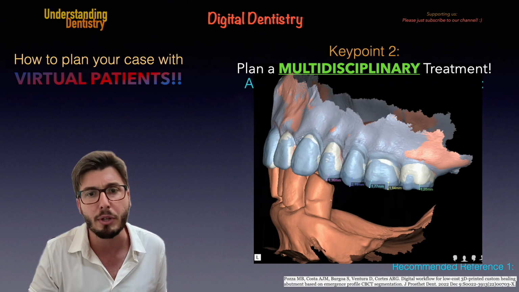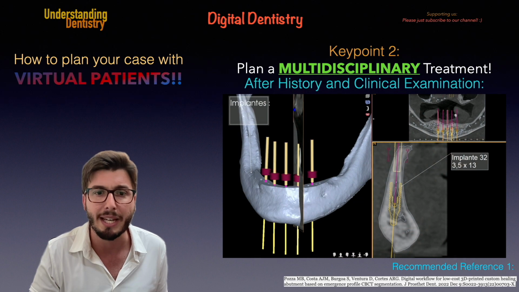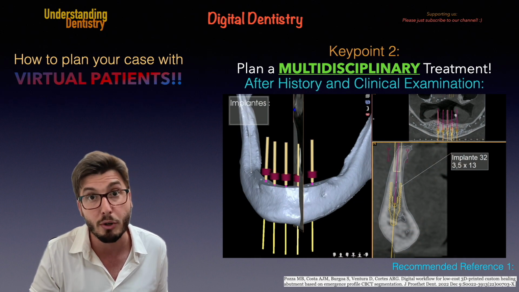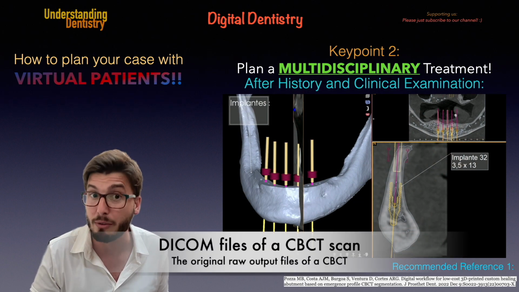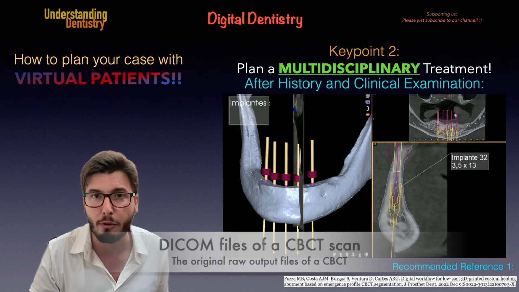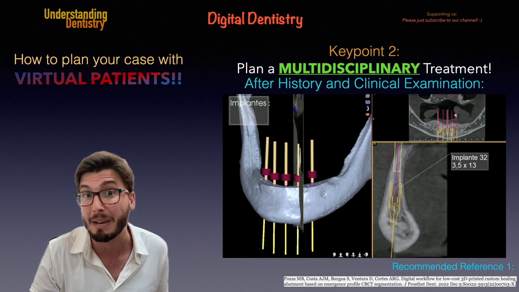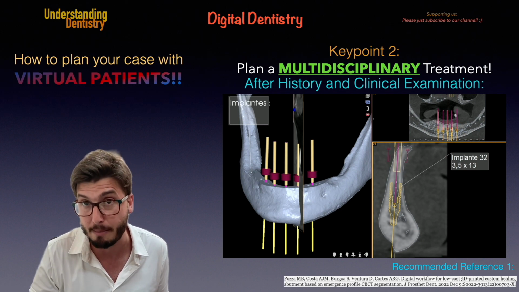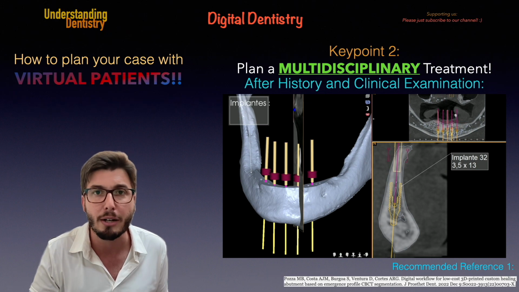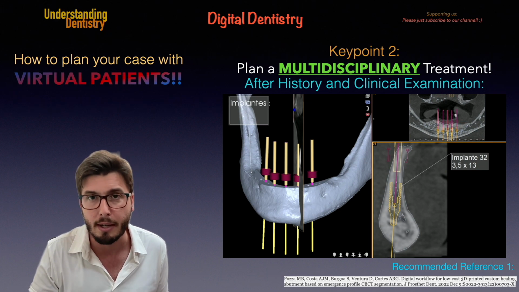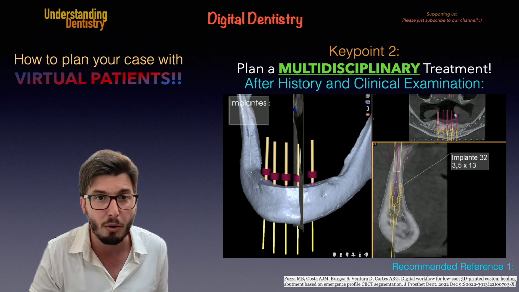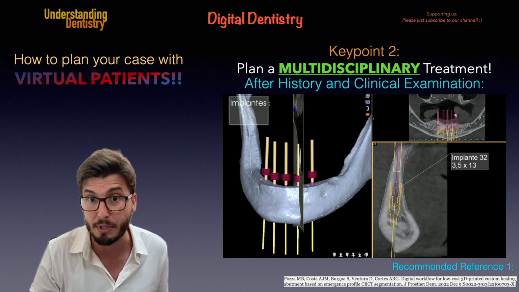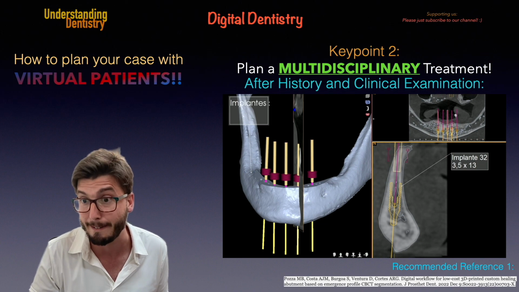And of course, if we need bone information, then you are going to take advantage of the intraoral scans and of the DICOM files of the CBCT to perform a prosthetically driven implant planning, okay? So that's all you need to do to proceed with image-guided surgery, for example. If you don't know exactly what those concepts are, I'm going to give you guys some links in the description below of some videos that we already did explaining those concepts properly for you guys, okay?